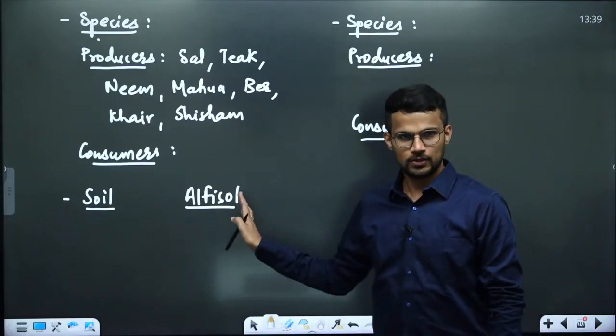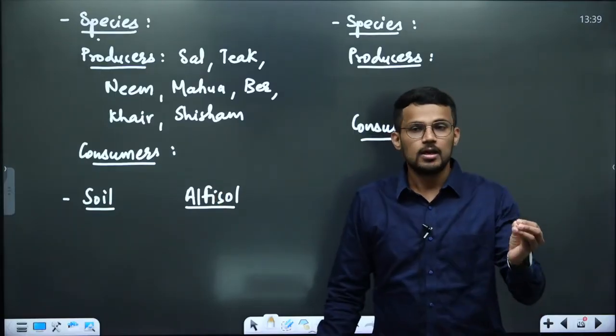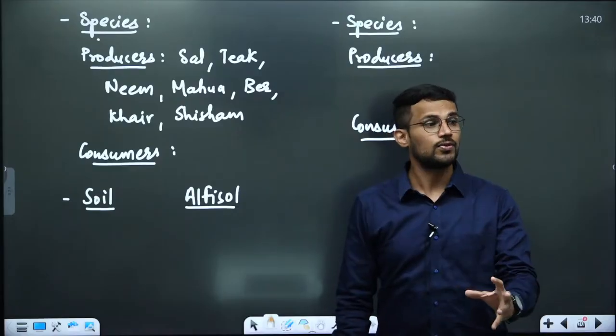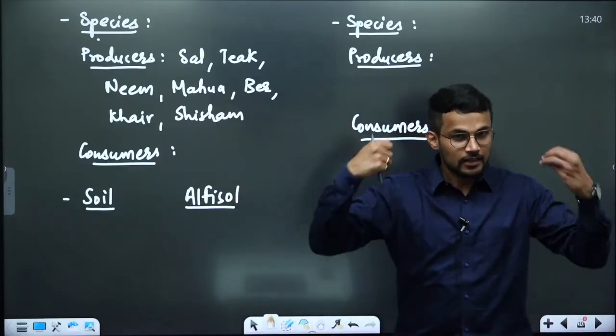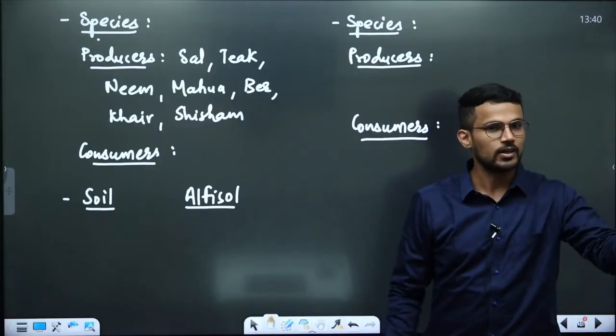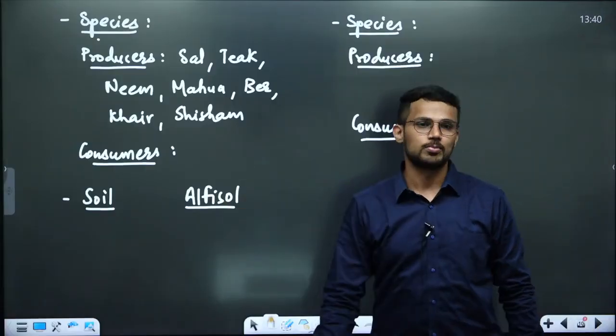Alfisol. It is rich in nutrients. Why? Because of the availability of organic matter. Plants क्या कर रहे हैं? Leaves shed कर रहे हैं, and that will add organic matter in this particular area.